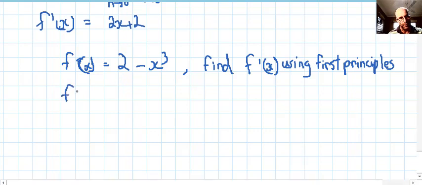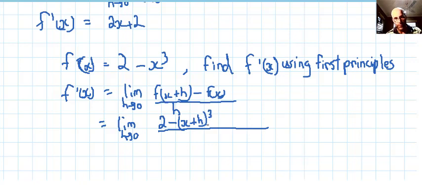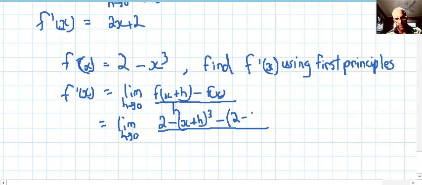So let's go. Okay, so we get up to here, we need to find the points. So the first one will be 2 minus x plus h all cubed, and minus, now I suggest you put that in brackets like I've been saying.